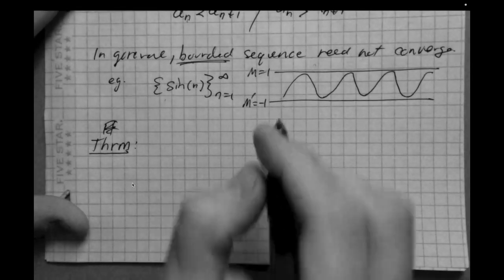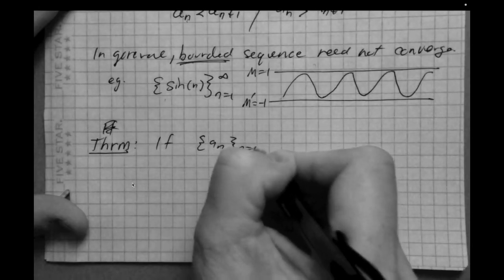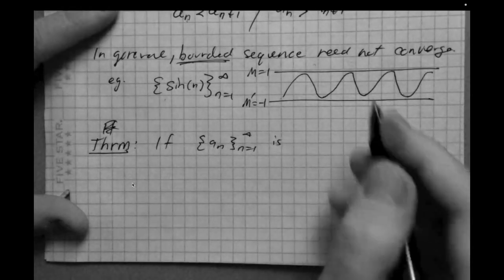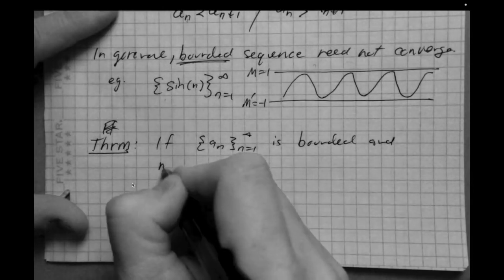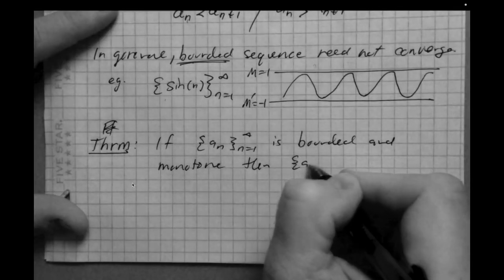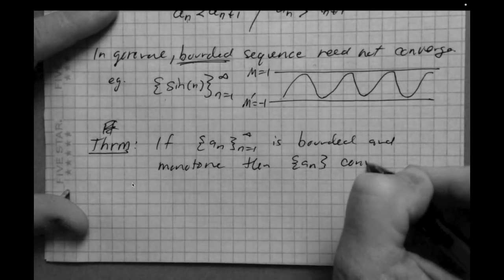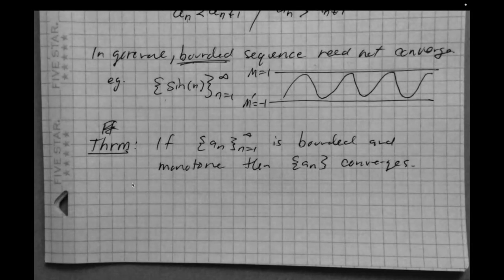One of the big theorems here: if a sub n is bounded and monotone, then a sub n converges. So if the sequence is bounded and monotone, then it must converge.